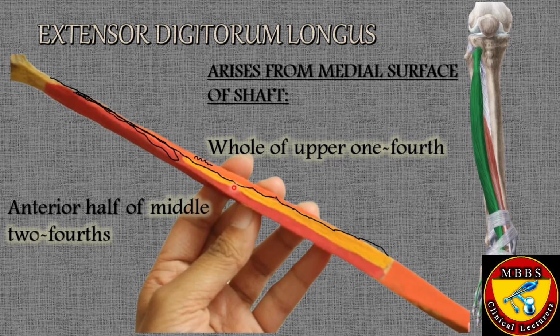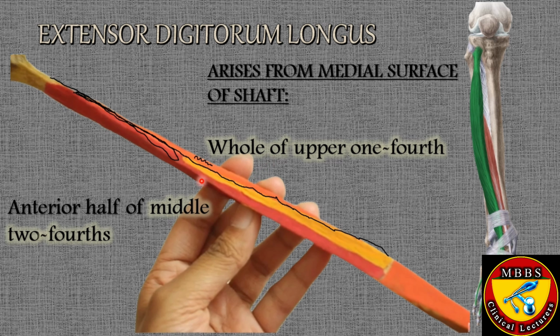Because this is the medial surface, it looks like an anterior surface. But if we turn it anticlockwise towards the medial side, suppose this is the right fibula, then this surface will tilt to this side. So this part will be the posterior and this part will be the anterior.